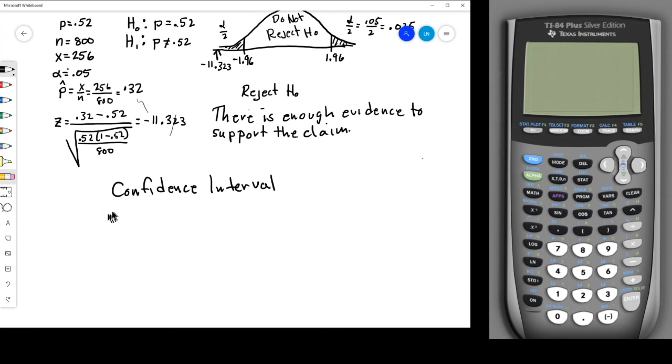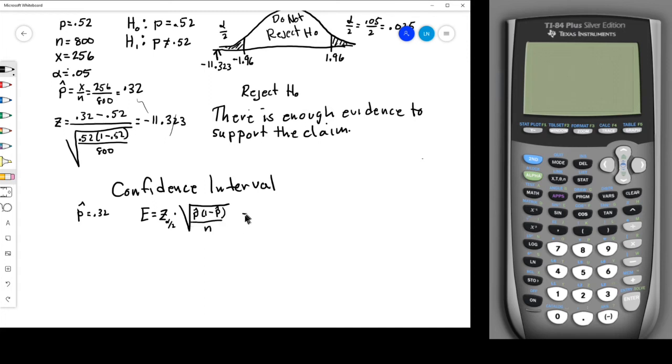So what do I need for a confidence interval? I need all of the stuff that I have for my sample. So I need my p-hat, which we figured out was 0.32. I need to calculate the margin of error. So the margin of error is equal to z alpha over 2 times the standard deviation calculation, and we use p-hat to do it: p-hat times 1 minus p-hat, over n.